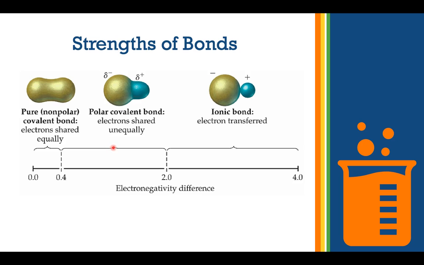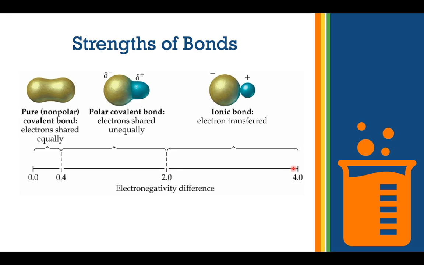Polar covalent compounds end up right about here at a 2.0, okay? And then with our ionic bonds, they can range from 2 to 4, okay? So pure covalent range from 0 to 0.4. Polar covalent range from 0.4 to 2.0.